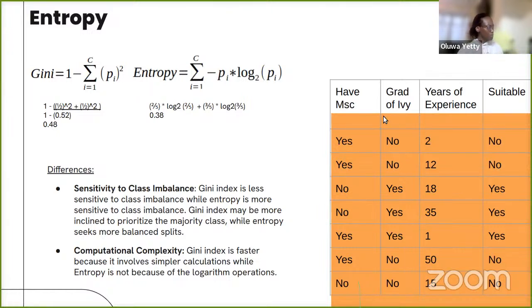But entropy is very good with that. When you have imbalanced data, entropy has a way to seek more balanced splits because of the logarithm introduced into its formula. And of course, in maths, logarithm is computationally expensive. If you are doing 2 plus 2, it's very easy.